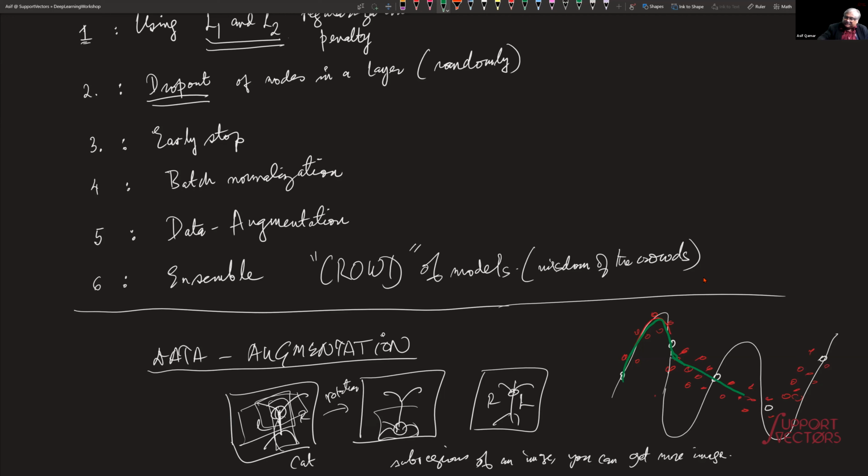So it will be forced to follow this path. Would you agree that green becomes the best fit line now? Yes, definitely. So if that is really what the truth was, then you have reduced overfitting simply by getting more data. You have removed or you have regularized with more data.